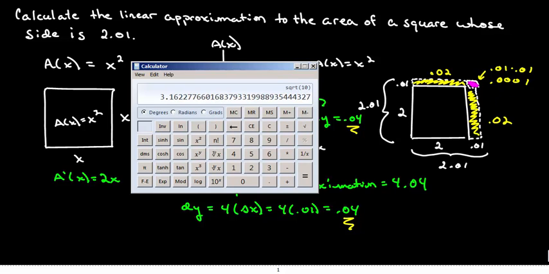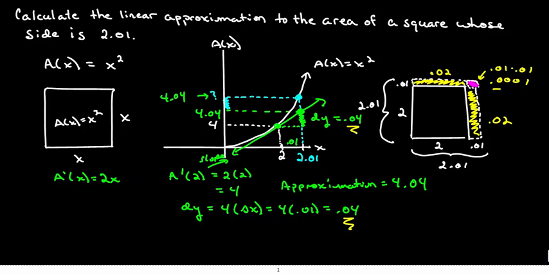So let's just go ahead and check that. So 0.0001. This right here is the part, that's the purple part. This guy right here is 0.01, because it's this length times this length, which equals 0.0001. So that's the piece that we missed.